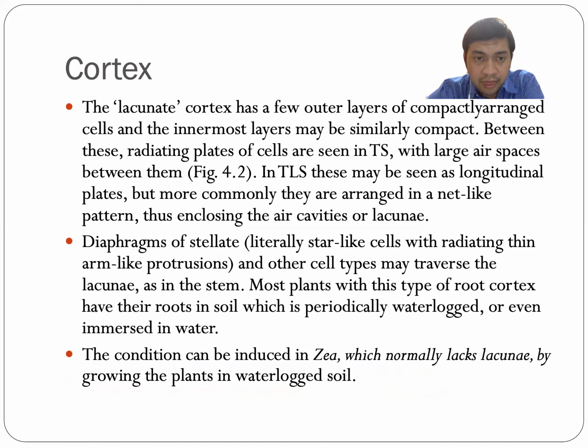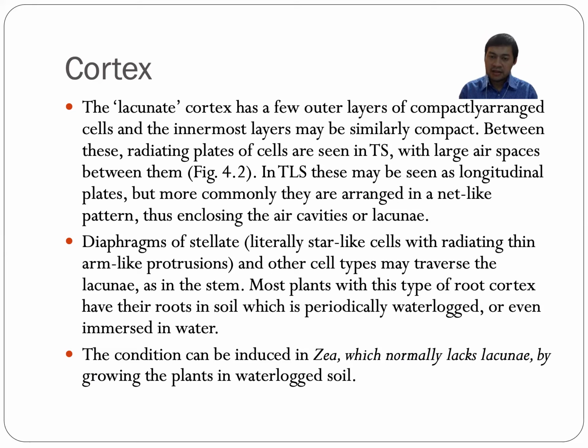Then the second type of cortex is the lacunate cortex, which has a few outer layers of compactly arranged cells, and the innermost layers may be similarly compact. Between these, radiating plates of cells are present, with a large air space between them. If you see the diaphragm of stellate cells, what is stellate?